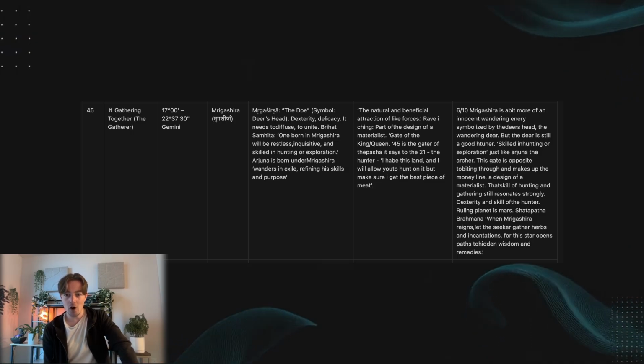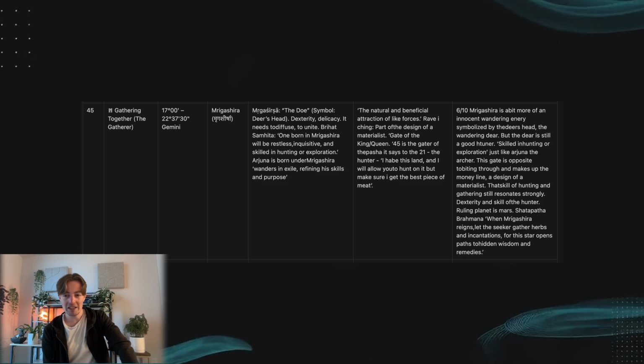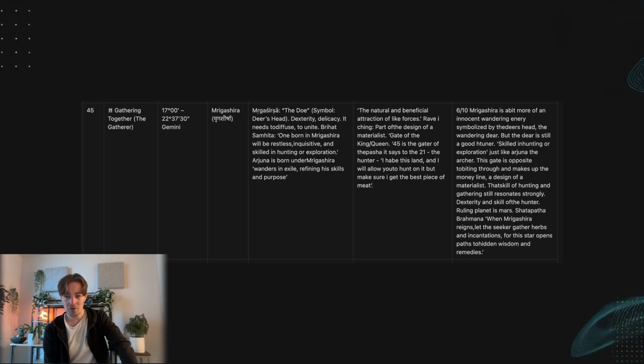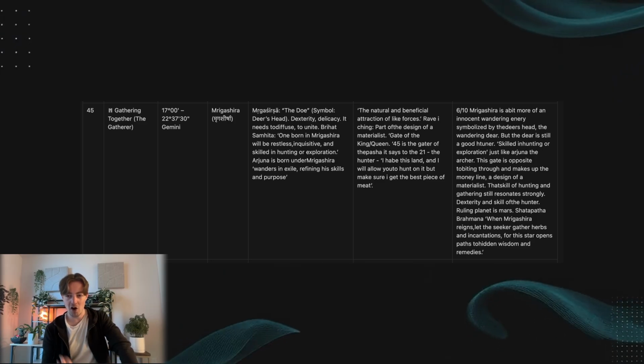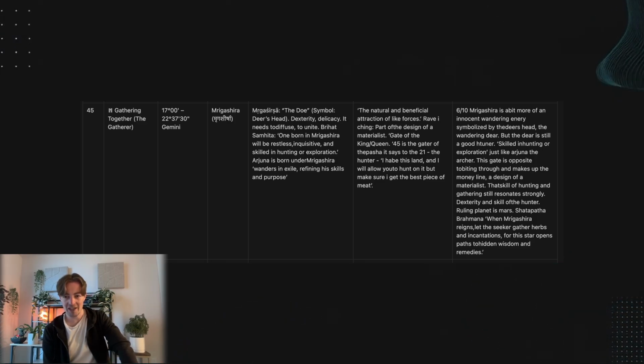And this gate is opposite in the human design chart to the gate of biting through. And it makes up this money line, which is a design of a materialist. And so there is association with that skill of hunting and gathering, which still resonates very well. And obviously dexterity and skill is a skill of a hunter.